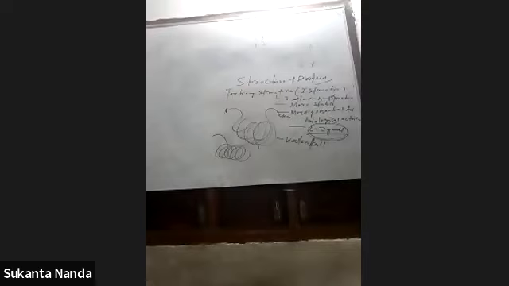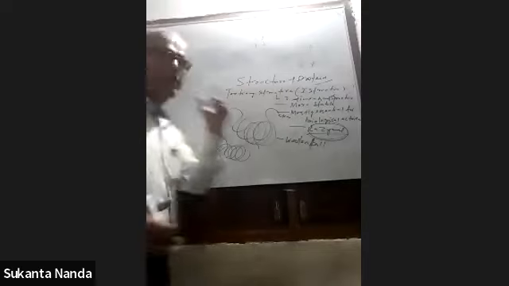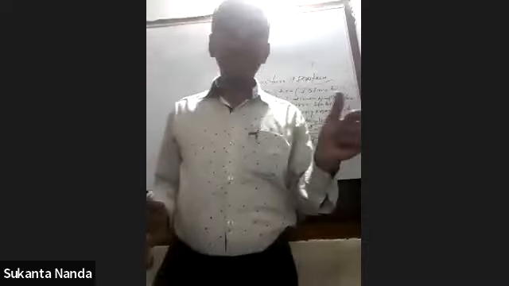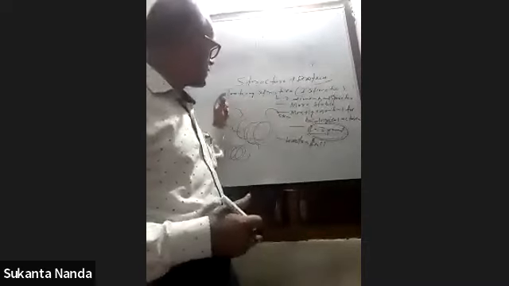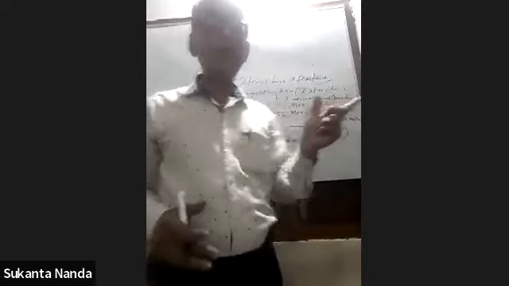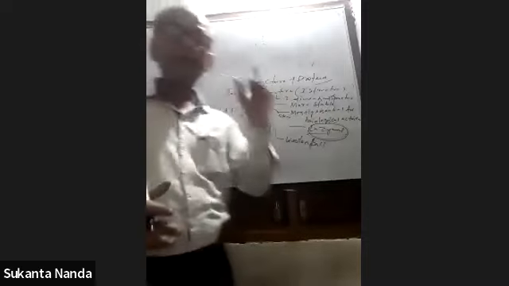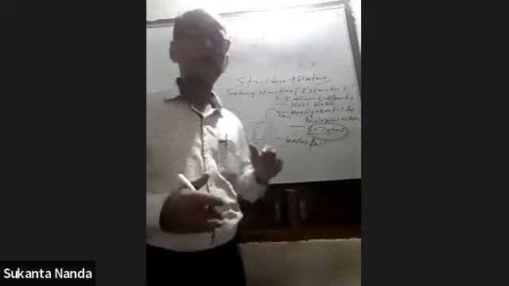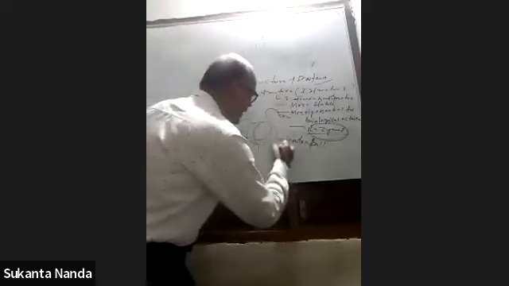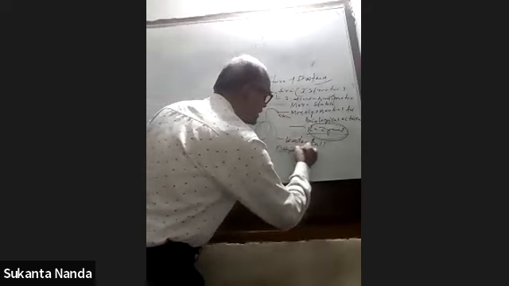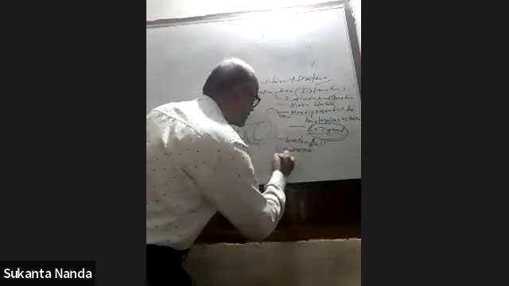In the primary structure, it is made up of peptide bonds. In the secondary structure, it is made up of hydrogen bonds. But here you will find several bonds; so many bonds are involved in this process. One is hydrogen bond.